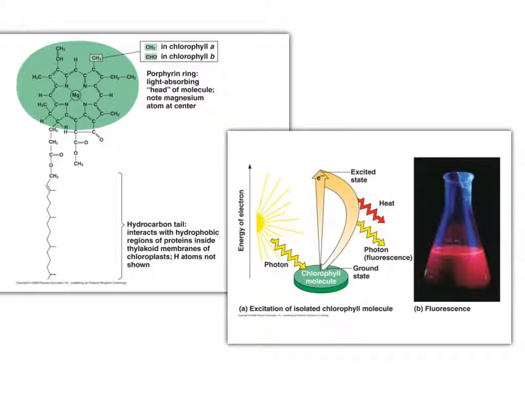But if there are other pigments around, when it falls down, the other pigments can capture the energy and bounce their electrons up. Those fall down, and other pigments capture the energy and bounce their electrons up, and so forth. So that's how a chlorophyll molecule would capture the energy of photons and transfer it to the energy of the electrons, and then that can get transferred to heat and fluorescence or to another chlorophyll molecule.